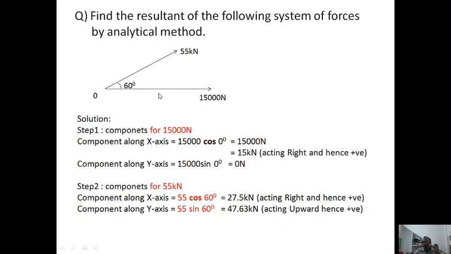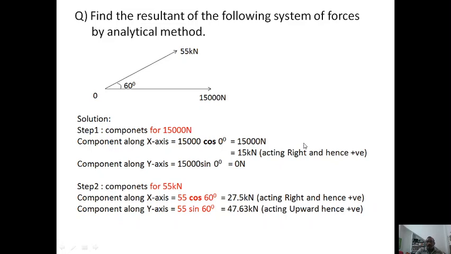For the component of 55 kilonewtons, which makes an angle of 60 degrees with respect to the horizontal axis or with respect to the 15,000 newton force, I am taking their components. Therefore, the x-axis component is equal to 55 cos theta, because its adjacent side will be the 15,000 only. Hence, it gives 27.5 kilonewtons.